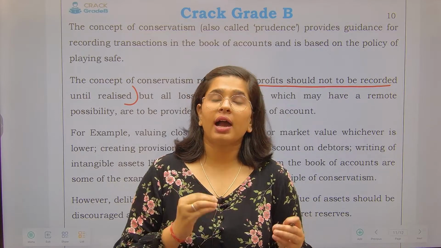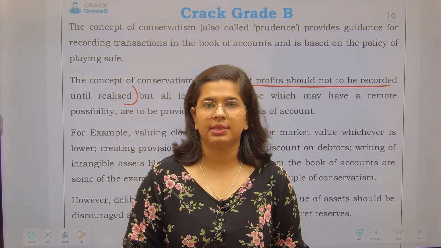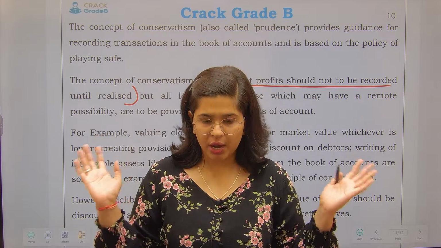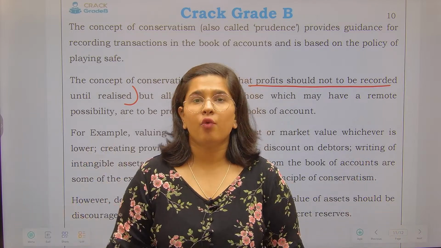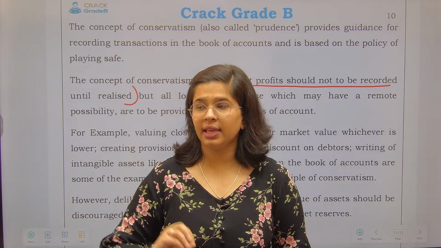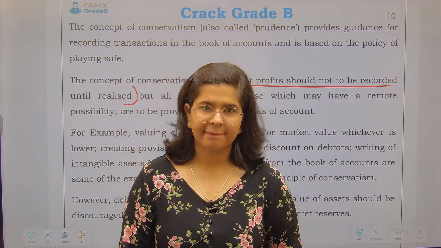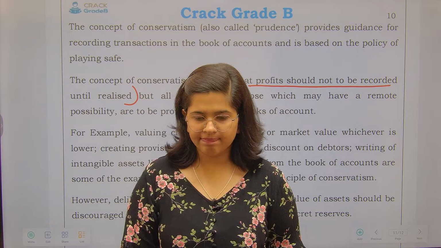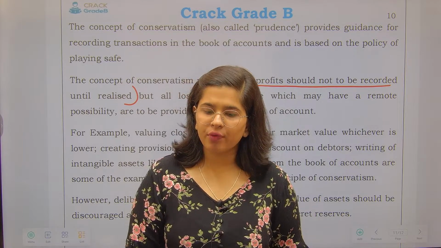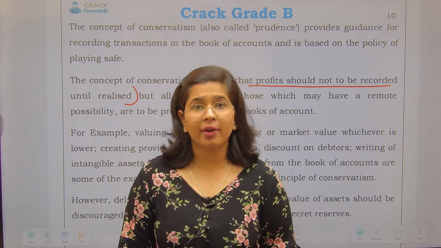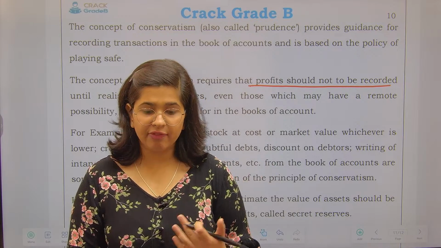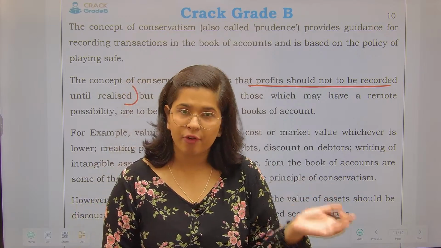So your accounting principle says that whatever loss you are thinking that you might incur, please provide for it. Fine. Now there are so many provisions etc. that we make. Why do we make them? Because we know that we might have to pay this in future.